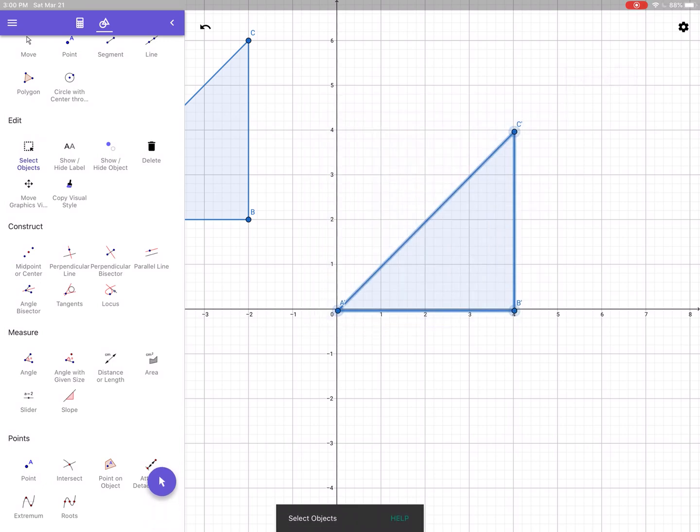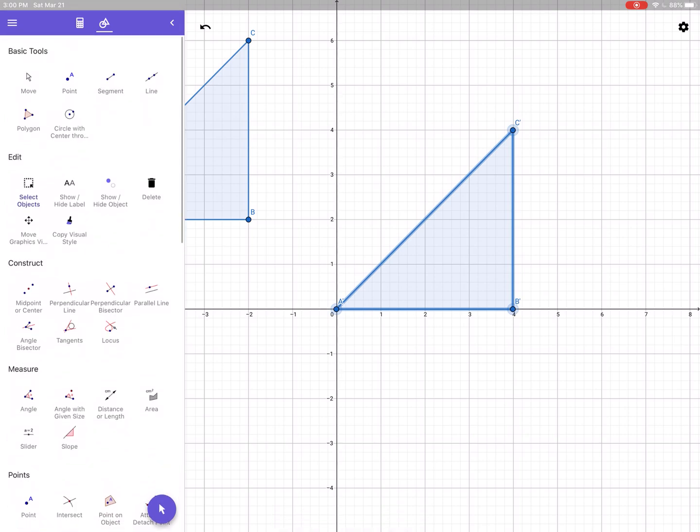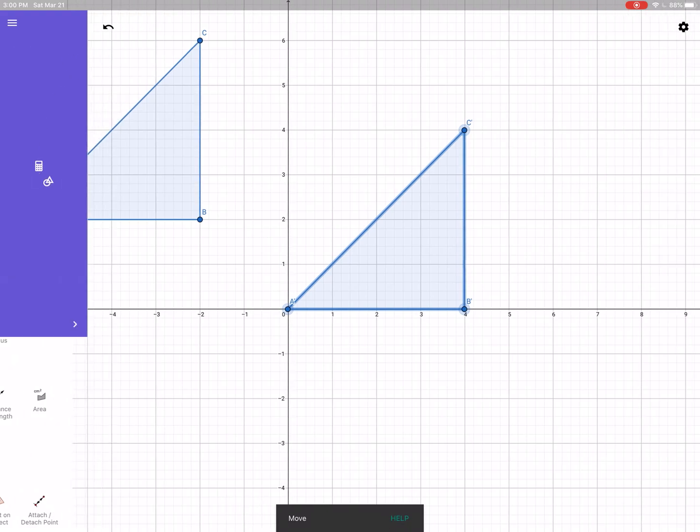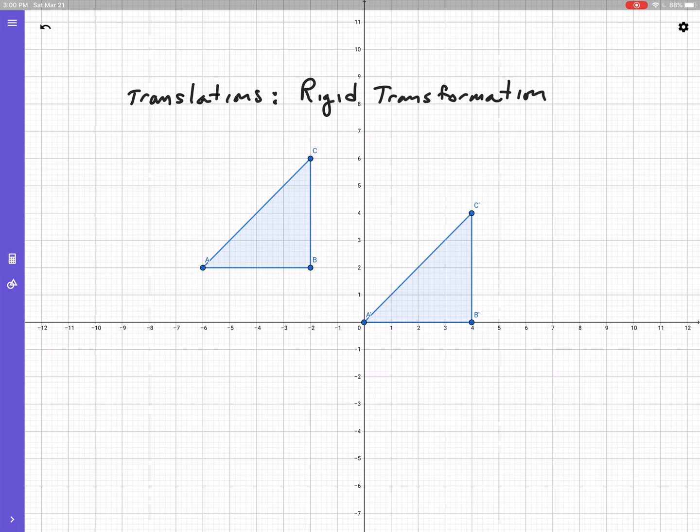is this A prime. Okay, perfect. We got it good now. So now what you can see here is we have two triangles. One triangle, A, B, and C, and we have another triangle with an A prime, B prime, C prime.